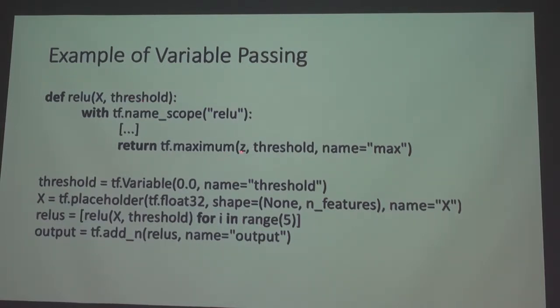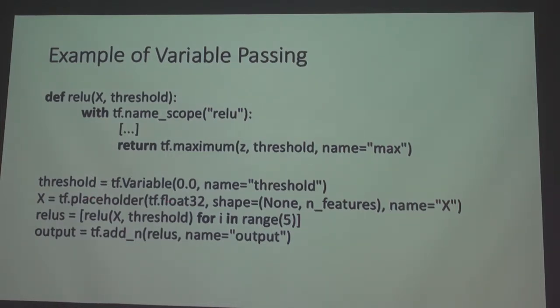The only change is at the last line, before the return: for the maximum, instead of just z and 0, you use z comma threshold. That's it, and all the other code basically remains the same.